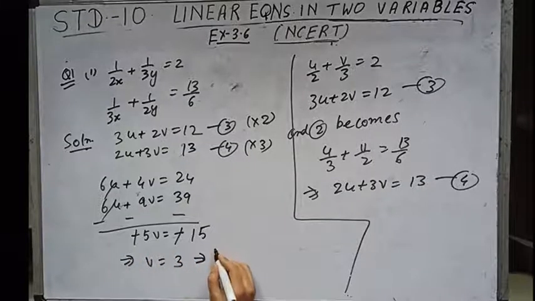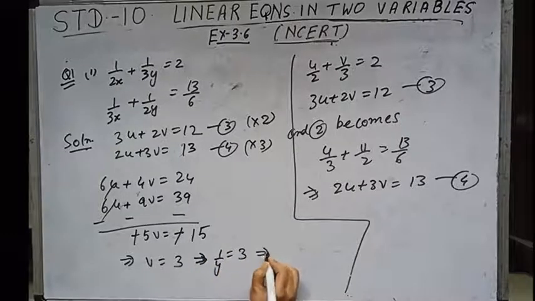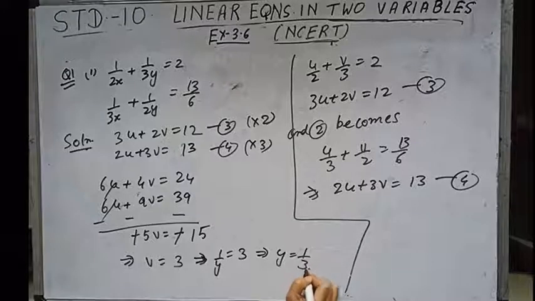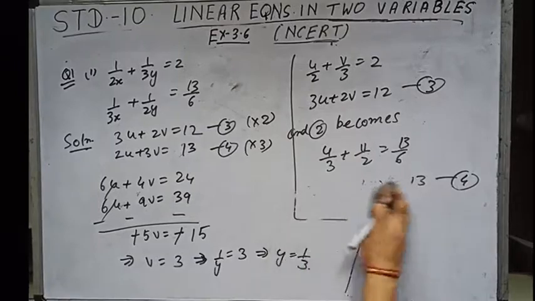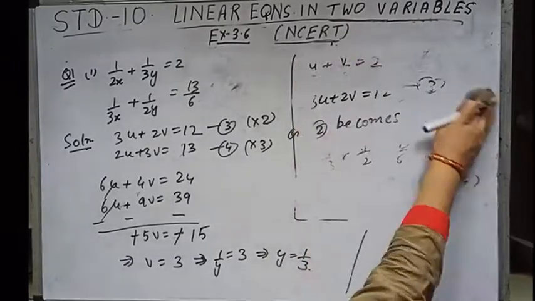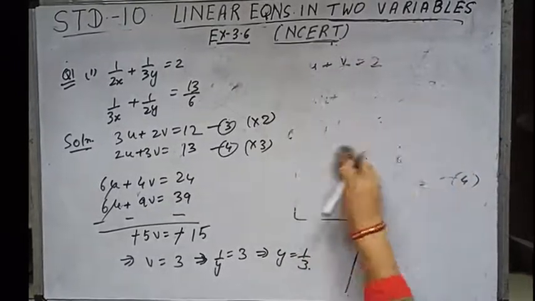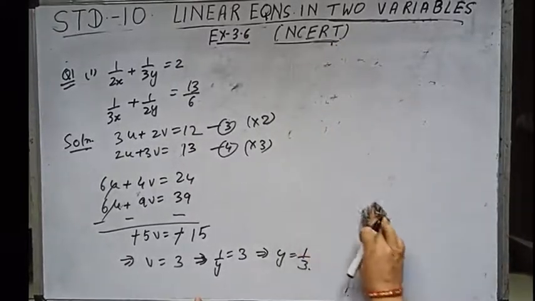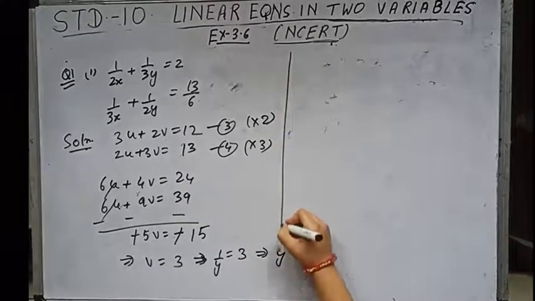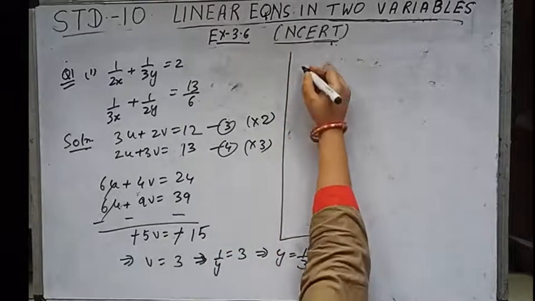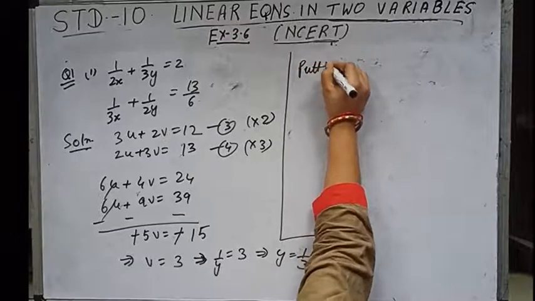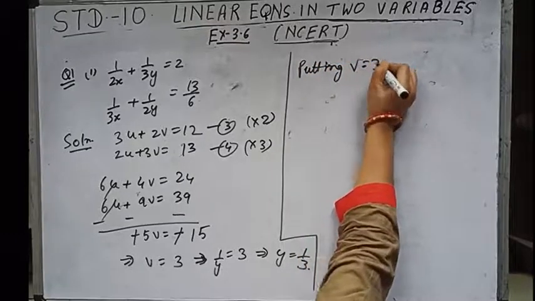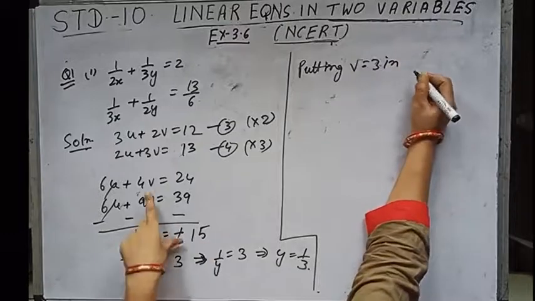This implies v we have supposed as 1 by y. So 1 by y equals to 3. This implies y equals to 1 by 3. Now putting v equals to 3 in any equation we can substitute.